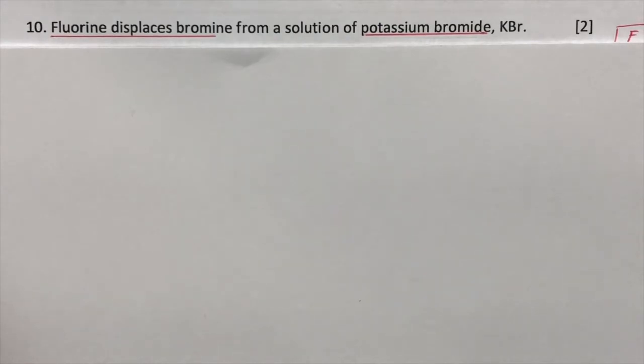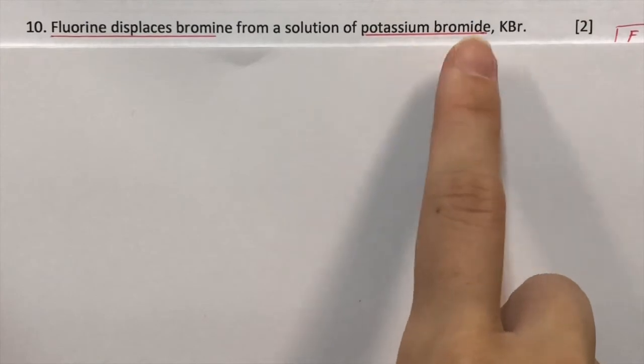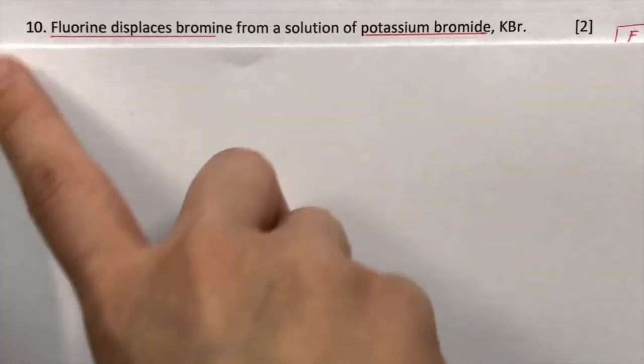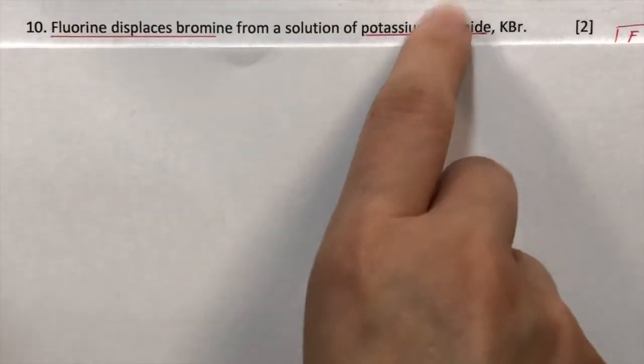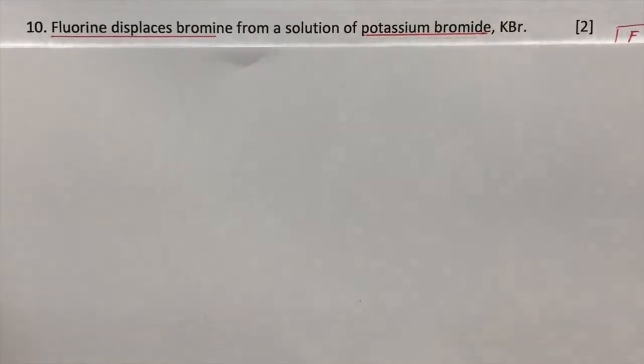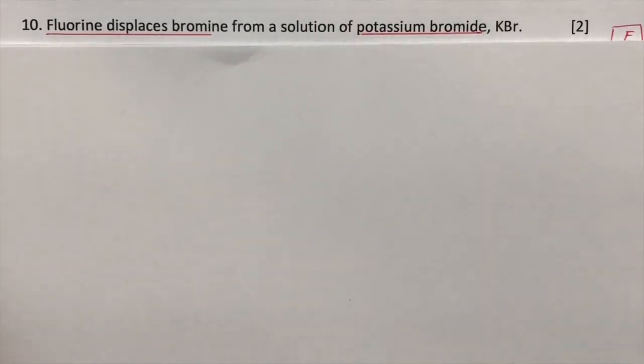Okay, next. Fluorine displaces bromine from a solution of potassium bromide. So what they're trying to say is that I have fluorine and it will displace bromine from potassium bromide. So let's check and see what happens.